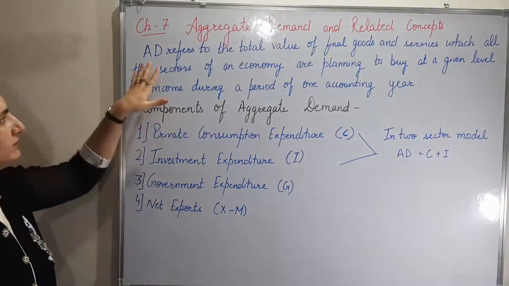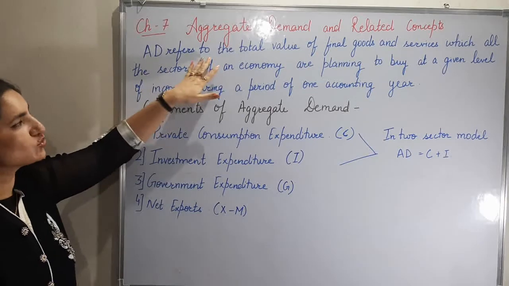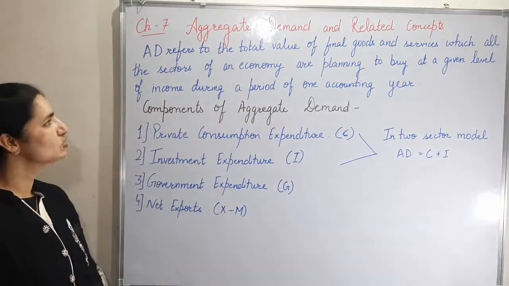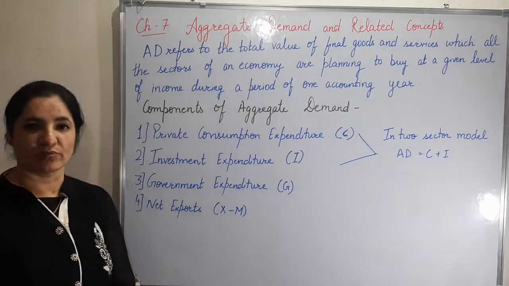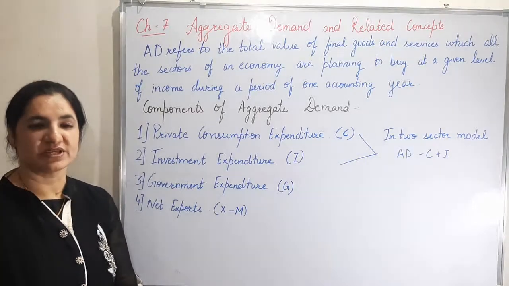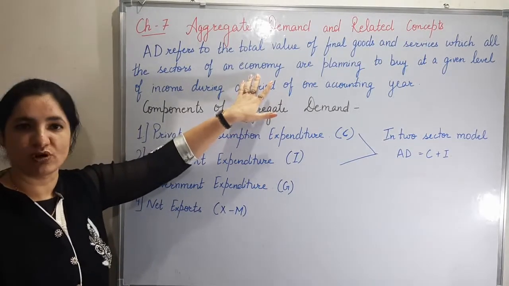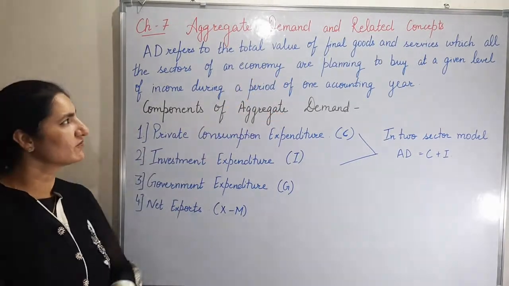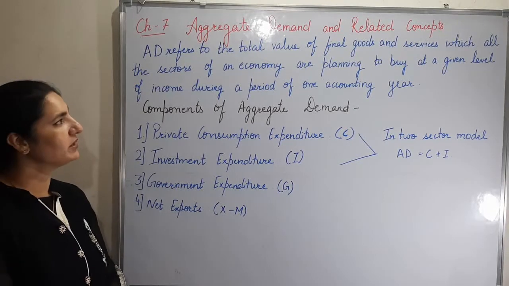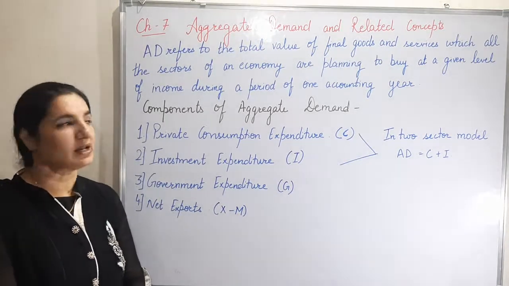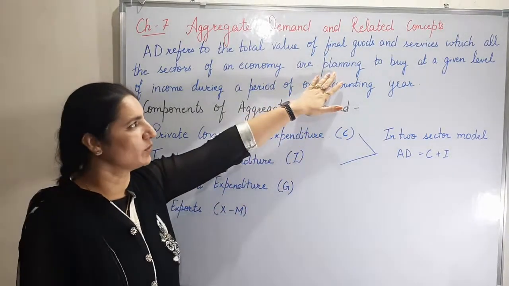Aggregate demand, that is AD, refers to the total value of final goods and services which all the sectors of an economy are planning. Please focus on the words. This is not the actual value of the goods and services on which the expenditure will be made, but these are the planned ones.